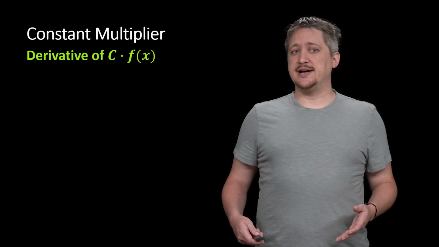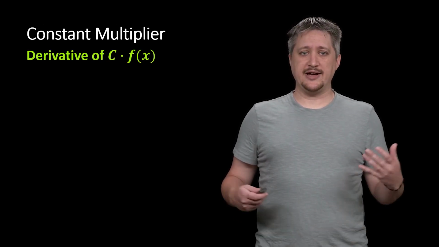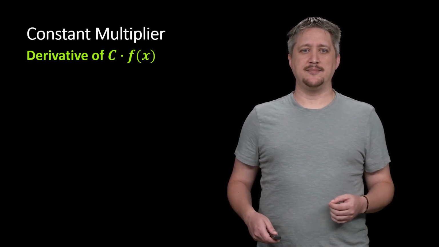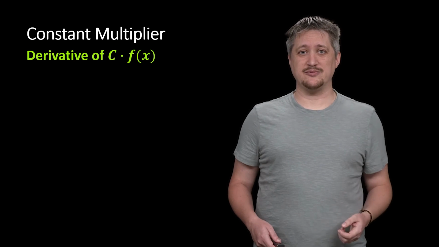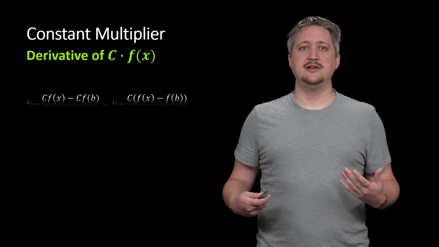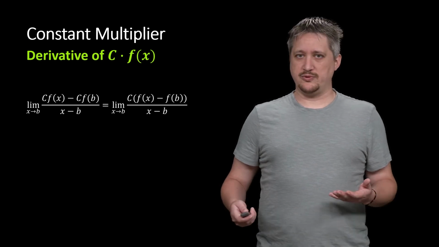So the next one we're going to look at is the constant multiplier. If we have some number like 3 or -7 or pi or whatever, I'm going to use c as the generic letter version, and we're multiplying that against f of x, we want to know how that works.